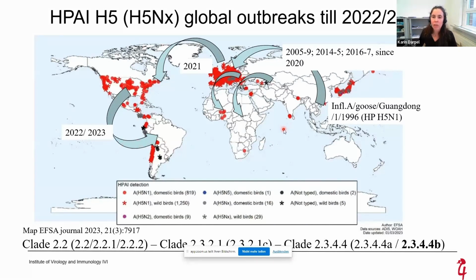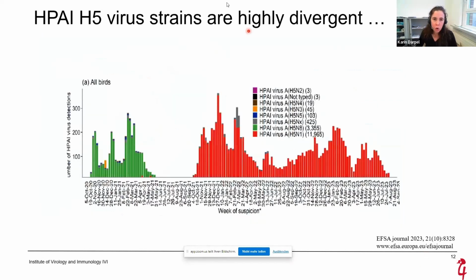But it's really important to realize that this is not the same virus, and that an evolutionary process has been ongoing in the different waves, and that these different outbreak waves have already been caused by different clades of H5 viruses, and that the current global outbreak is caused by clade 2.3.4.4b. And not only are the clades of the H5 viruses different, but also the subtype.